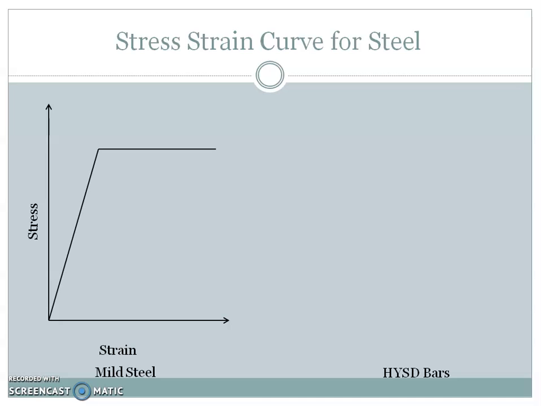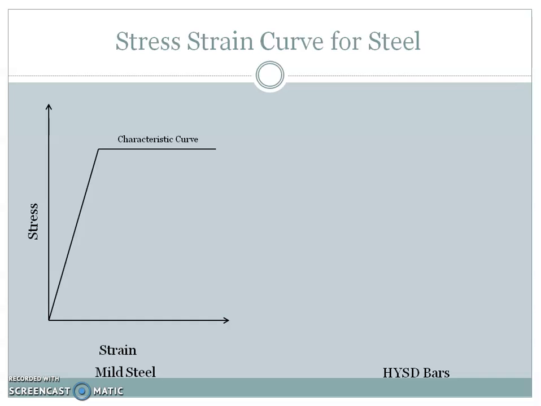We know the yield strength of the steel is fy, and this curve is called a characteristic curve, same as what we have seen in concrete. We can consider that the yield strength of the steel is fy, and this curve is called the characteristic curve.